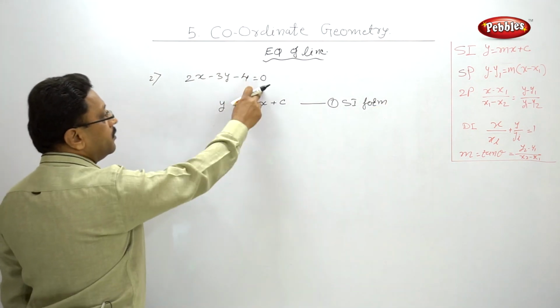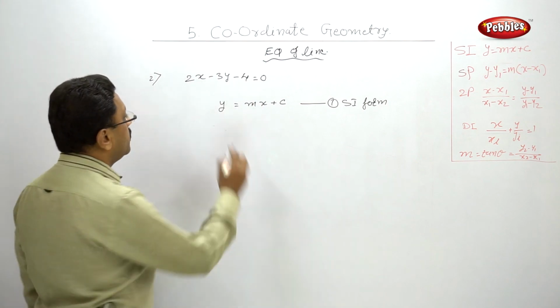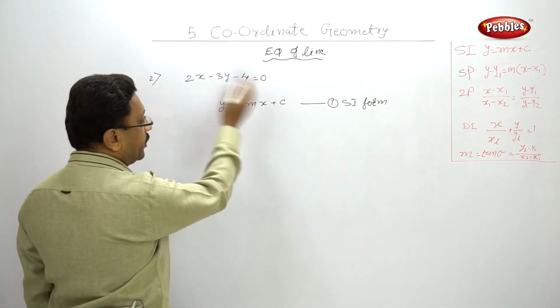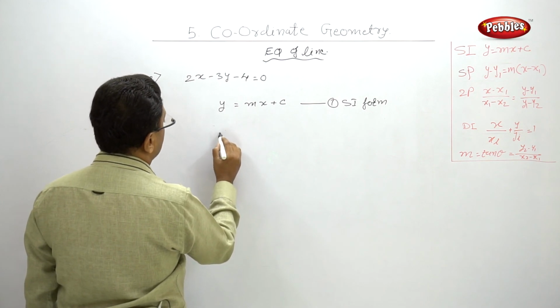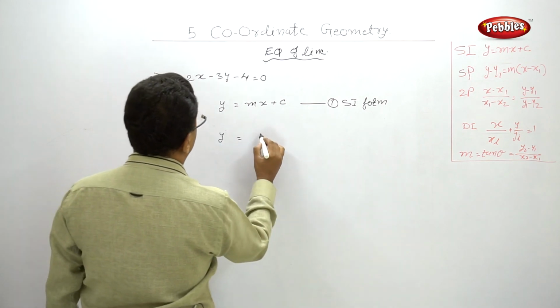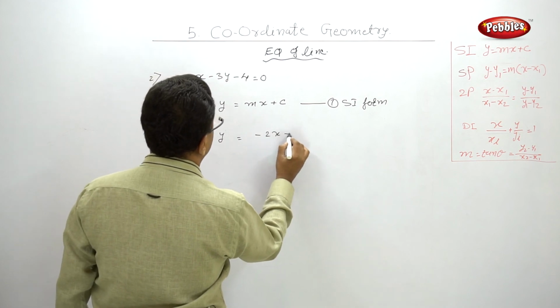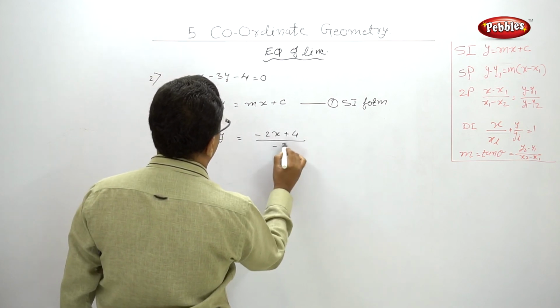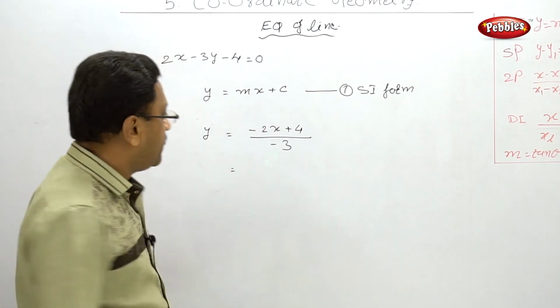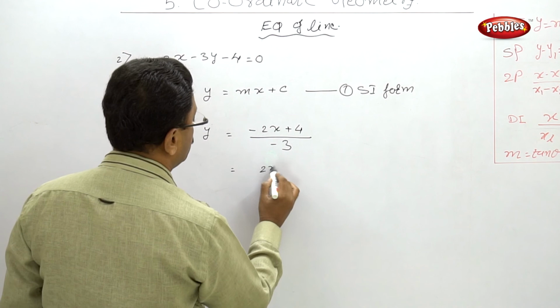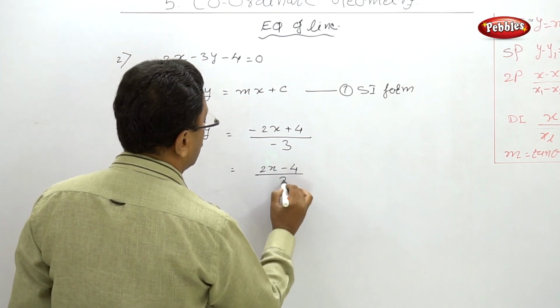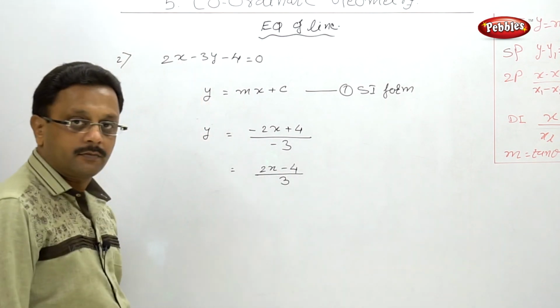Then rearrange this equation. If you rearrange this, what will happen? y is equal to minus 2x plus 4 upon minus 3, or you can simply say that we'll just rearrange the terms. y is 2x minus 4 upon 3. Correct?